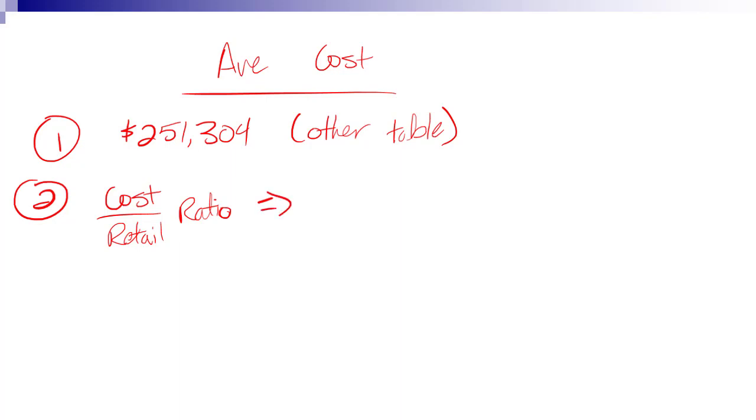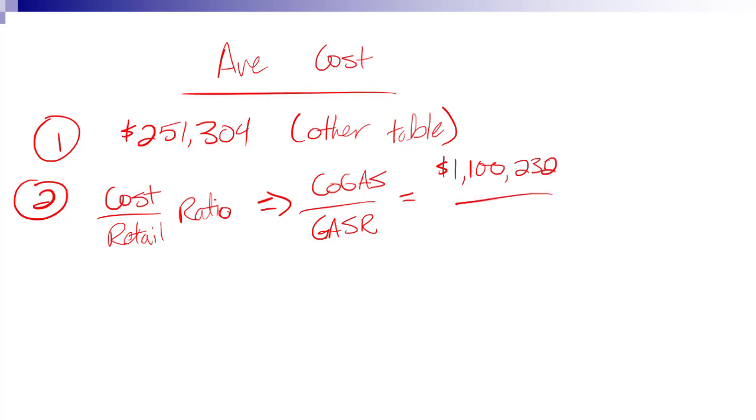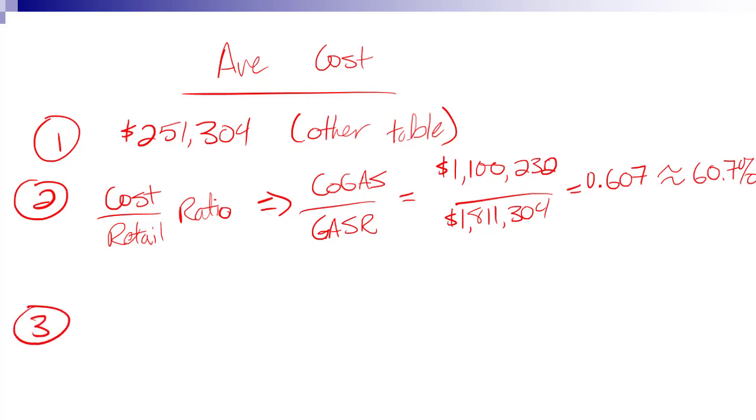And in this case, for average cost, we said it was cost of goods available for sale divided by goods available for sale at retail. And I know these numbers, they're also in the other table. This was 1,100,232, and goods available for sale at retail was 1,811,304. So I get 0.607 or 60.7%, which lets me do step 3.